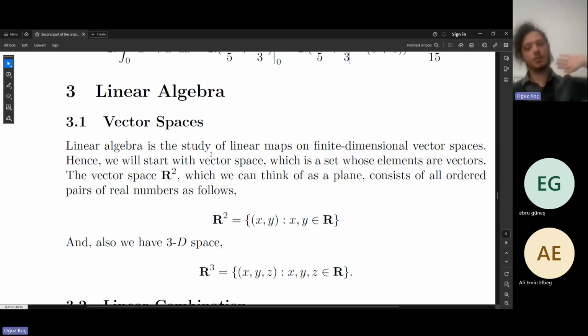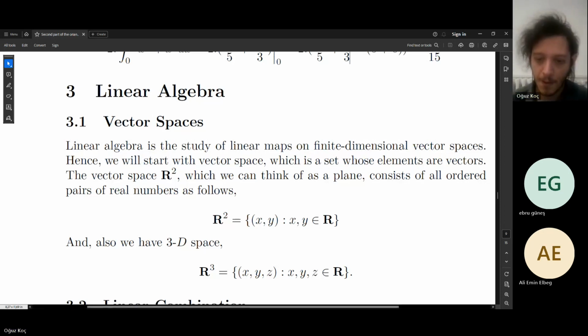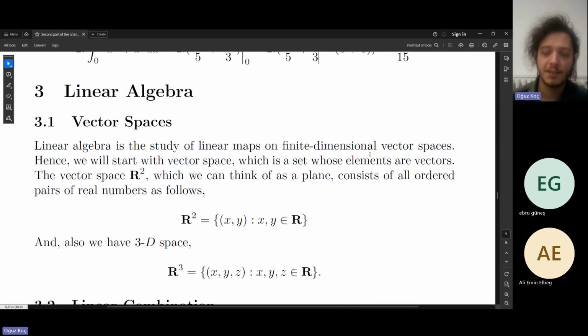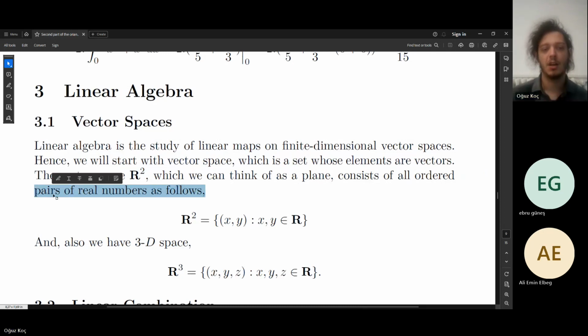Linear algebra is the study of linear maps on finite dimensional vector spaces. Therefore, we will start with vector spaces, which are sets whose elements are vectors. The vector space in two-dimensional real space, which we can think of as a plane, consists of all ordered pairs of real numbers as follows.